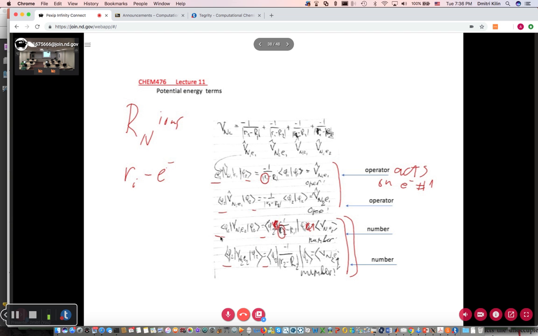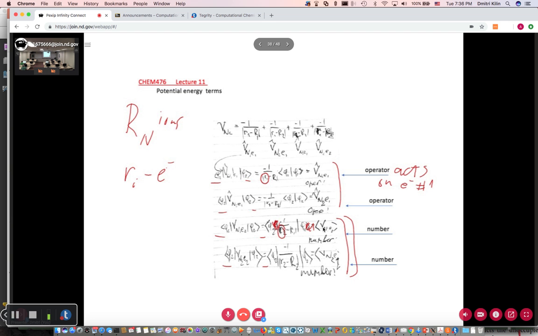But when we deal with the attraction of the second electron to the first and second nuclei, this procedure of finding the expectation value will convert this operator into a number.